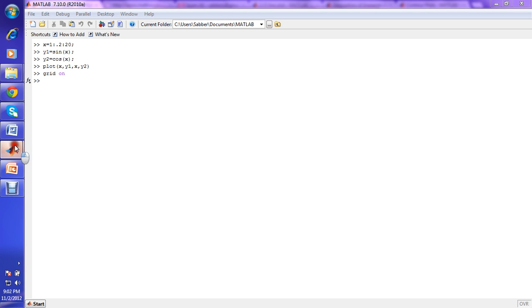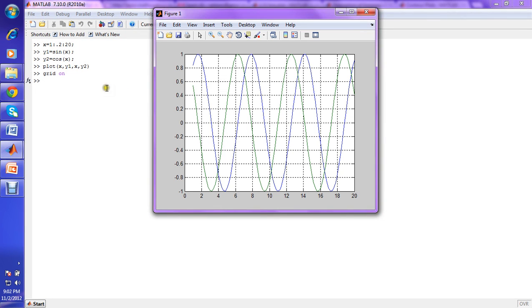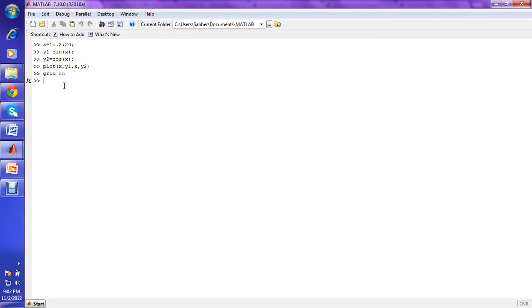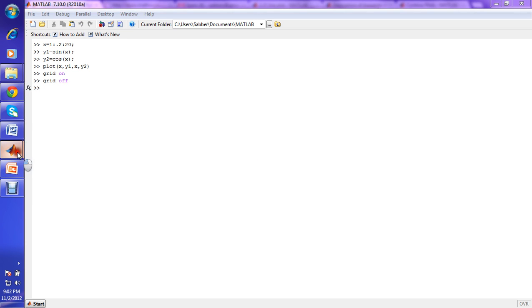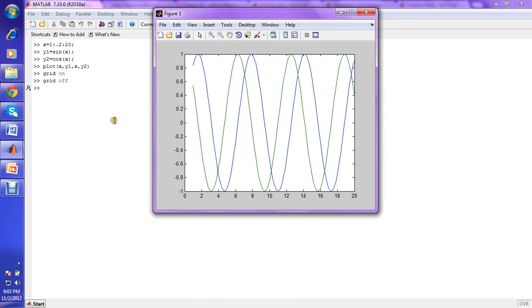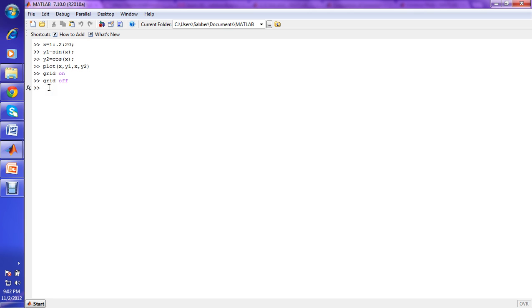Grid, it's already grid on. I do not know which one is more clumsy. So grid off, yeah, grid off. So there is no grid off. Okay. So if you want to know which color represents which equation, we can add a legend.